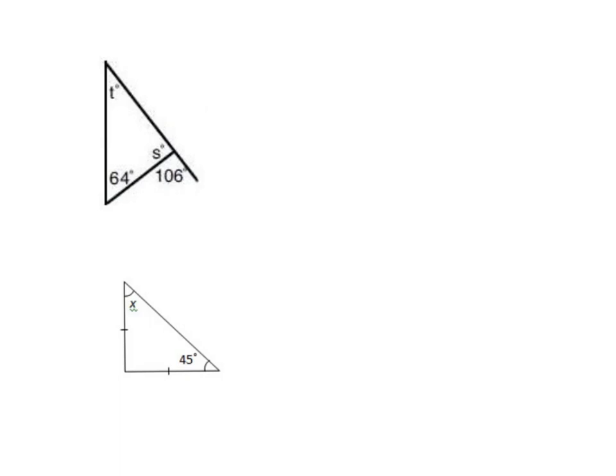All right, so when we're dealing with this first diagram, we're looking at solving for S and for T. And you'll notice that this is a scalene triangle. So with a scalene triangle, I need 2 angles in order to get the third, and I don't have 2 angles inside of my triangle in order to get the third.